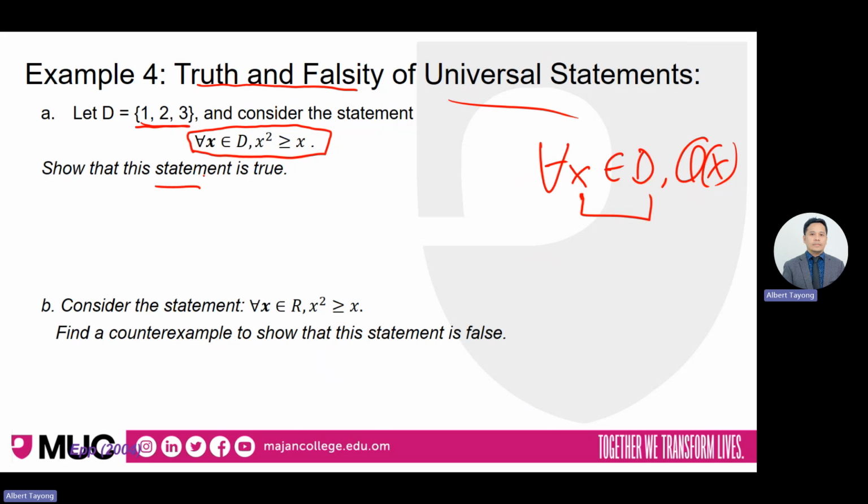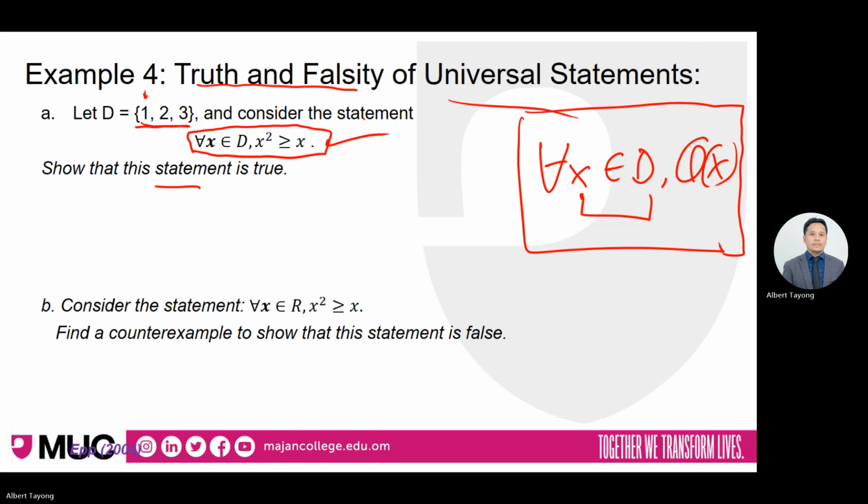So we have to show that this statement is true using these values. All the elements of the domain should satisfy the statement to be true because this is universal. If there is one that does not satisfy, then the statement will be false. So let's use one.